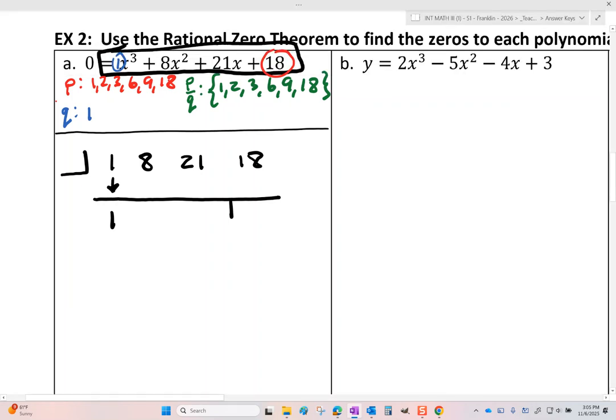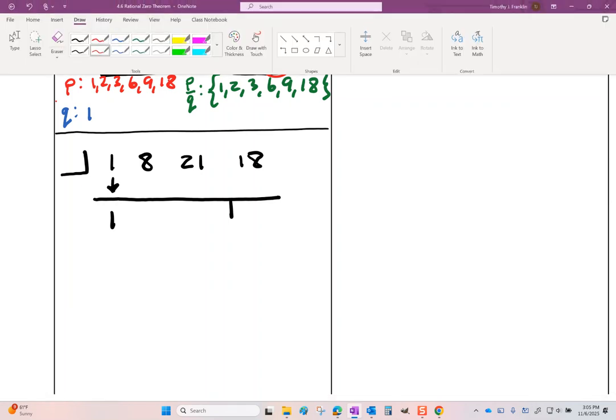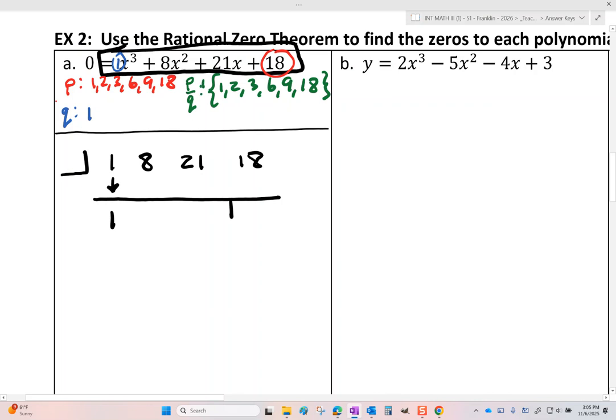So first let's try positive 1. Oh, and don't forget, these are positive and negative numbers for P over Q, plus and minus these numbers. So let's try positive 1. So 1 times 1 is 1, add down, we get 9 times 1 is 9.